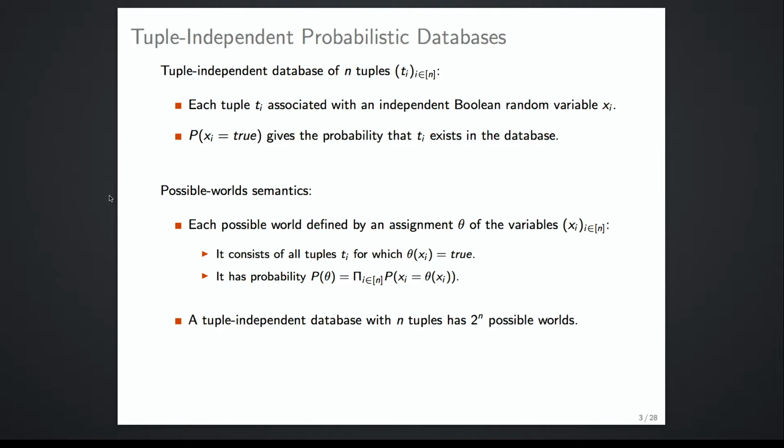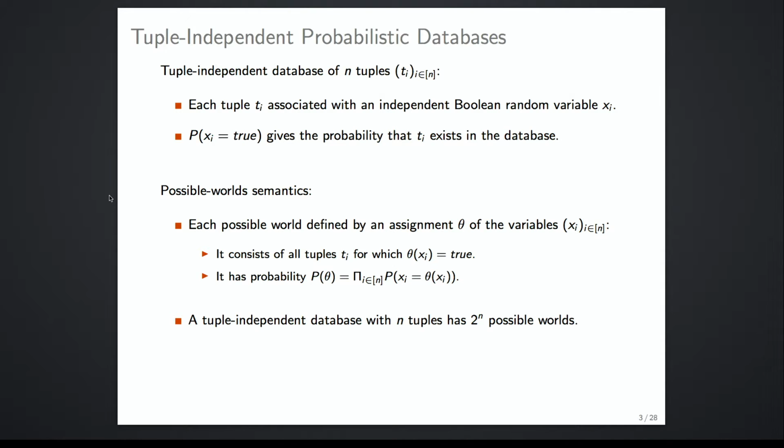And if you think that we have, let's say, n possible tuples out there, then by flipping in and out every single one of them, we can get 2 to the n possibilities. Right? And as Dan also argued before, it is not feasible in databases to simply iterate over all these possibilities. Right?